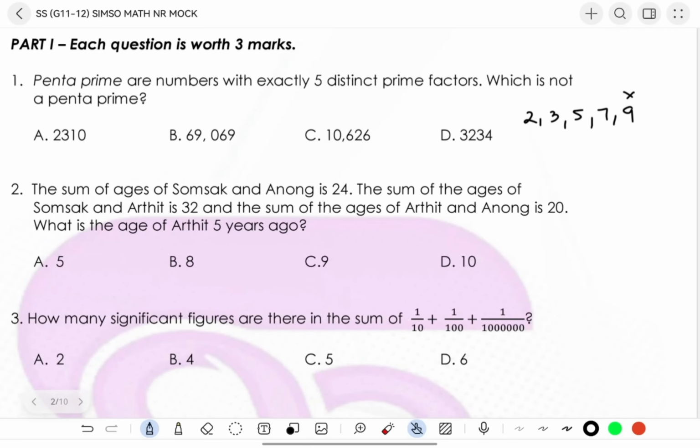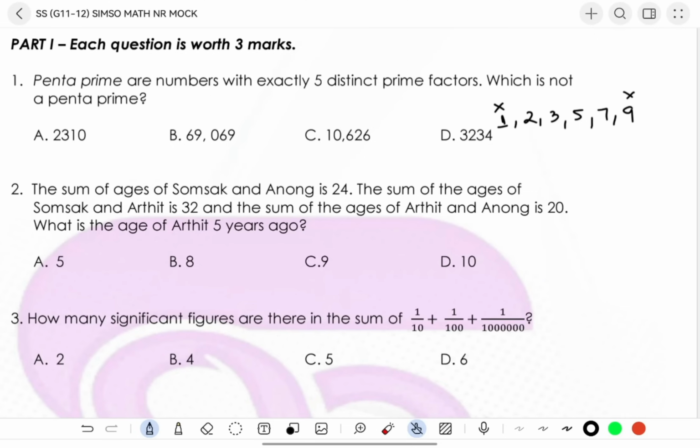No, because 9 can be divided by 3, by 9, and also by 1. How about 1? 1 also doesn't count. So Penta prime means the number is the product of 5 prime numbers.